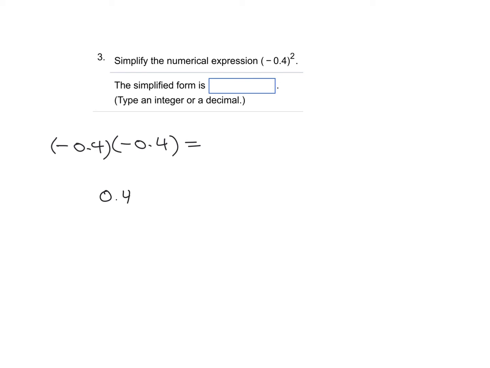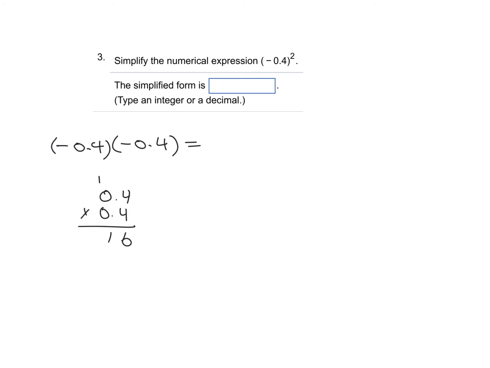0.4. And if you know how to do multiplication like this, you say 4 times 4 is 16, carry the 1, 4 times 0 is 0, plus 1 is 1. And this particular number here, if we multiply by 0, we get 0, and 0, we just get a string of zeros. It won't add anything to the total.